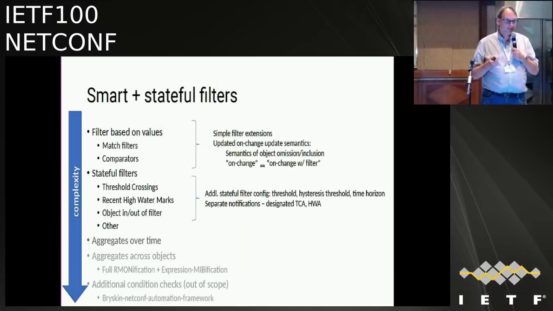Also certain selected stateful filters, such as threshold crossings, recent high watermarks, and whether objects are in and out of filter conditions. Those things are pretty much table stakes that you need to have for service assurance.